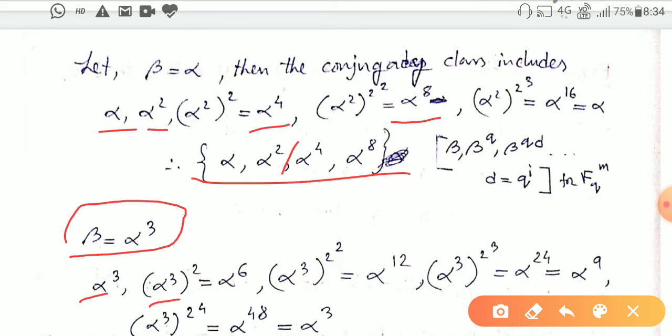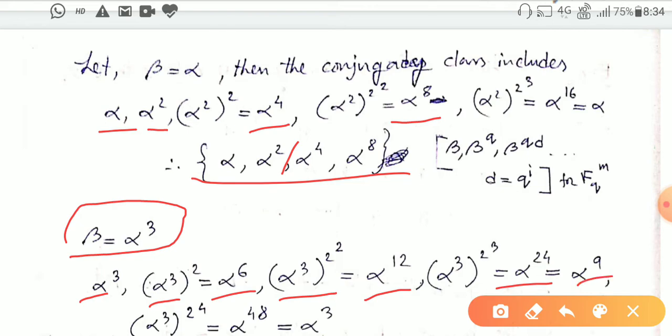Q is here 2, so beta to the power q is equal to alpha cube square. This will be alpha 6, then alpha cube 2 2, d is used here, so this is alpha 12, then for d 4, again 24 is greater than the value of 15, so you have to do the mod operation of 15, so the result will be alpha to the power of 9.